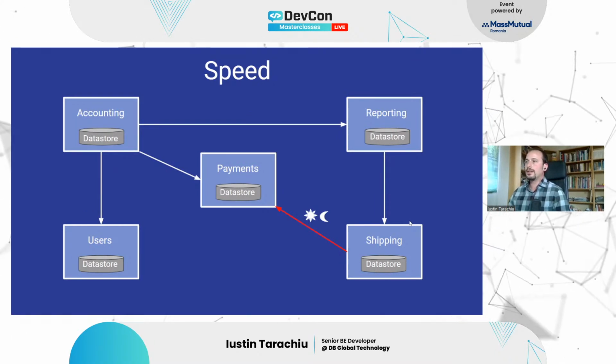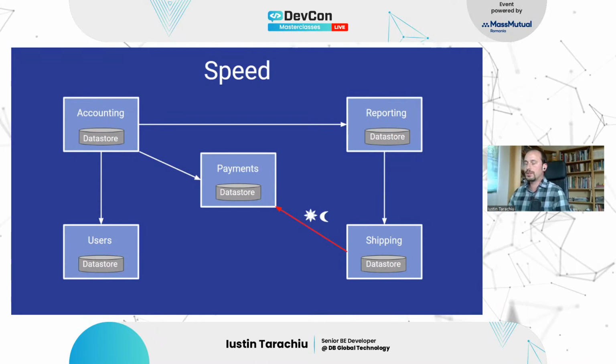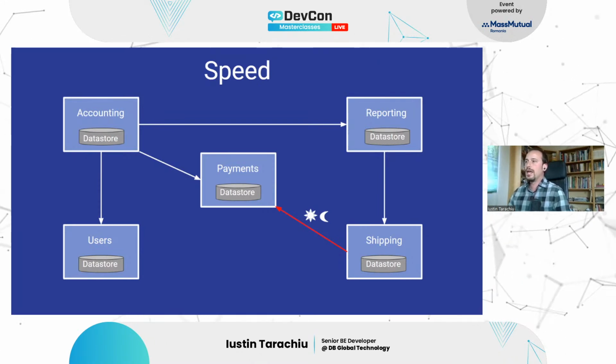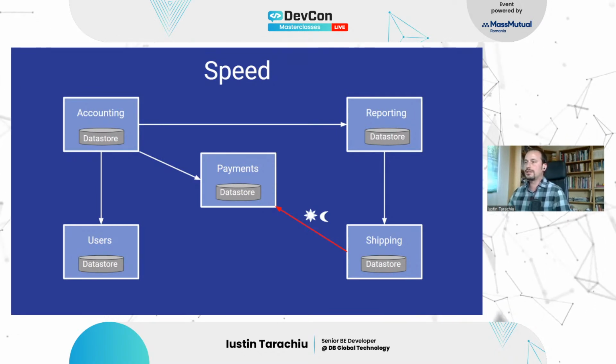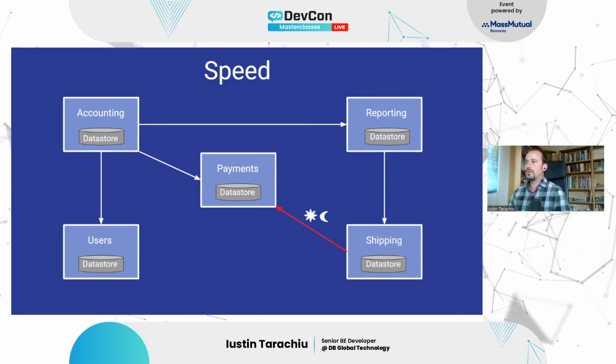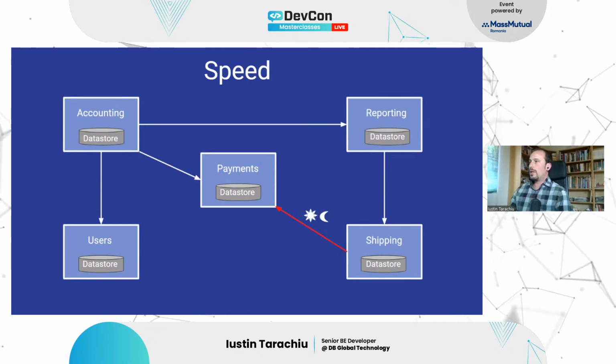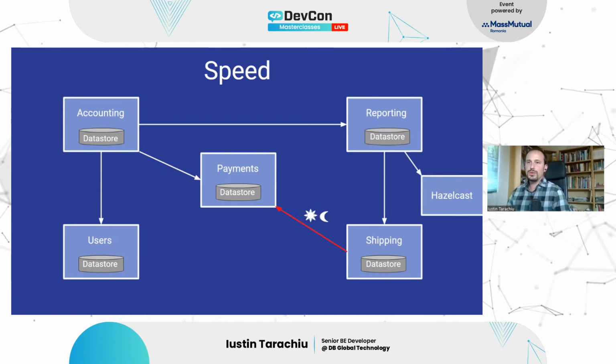Shipping service tries to call payment service, but this call takes a lot of time. Maybe there are a lot of payments, and this is really time consuming. Well, a solution would be to use caching.